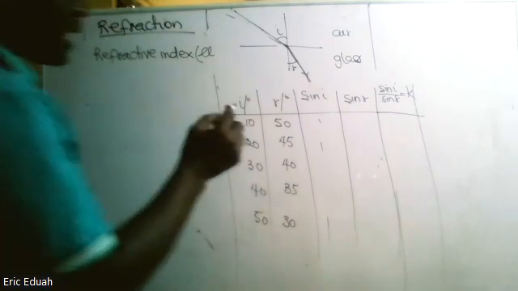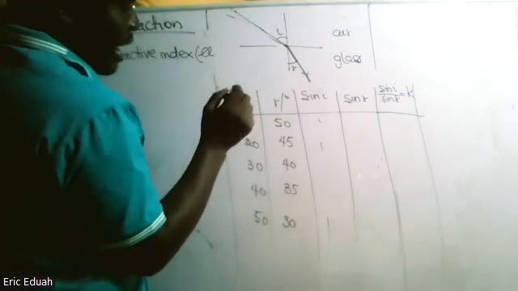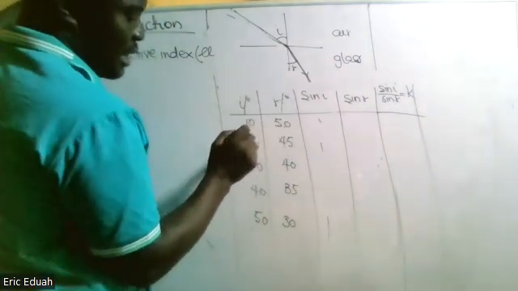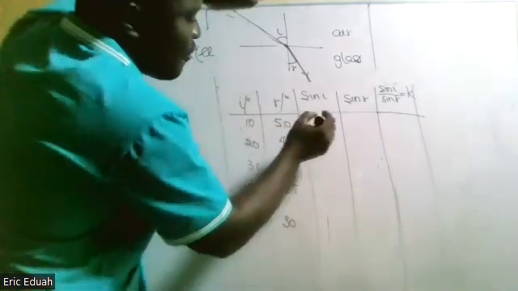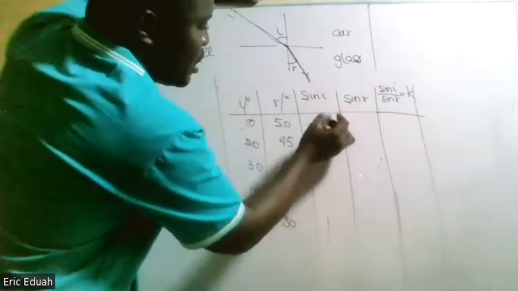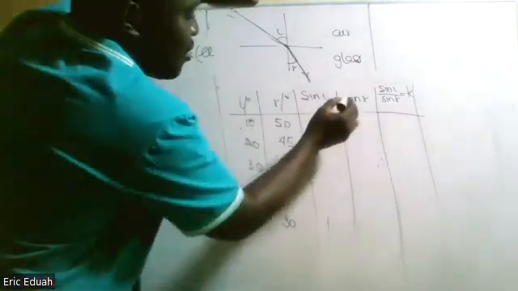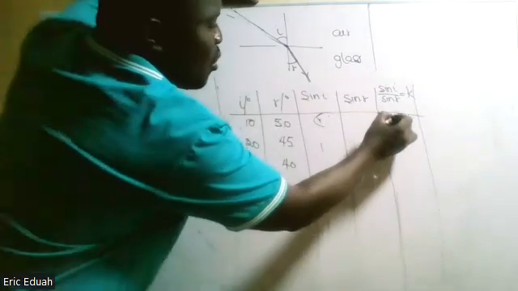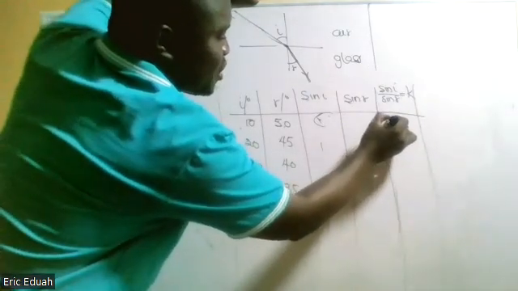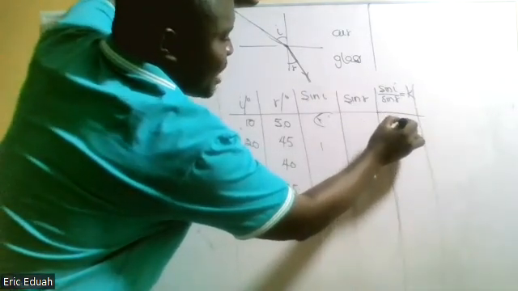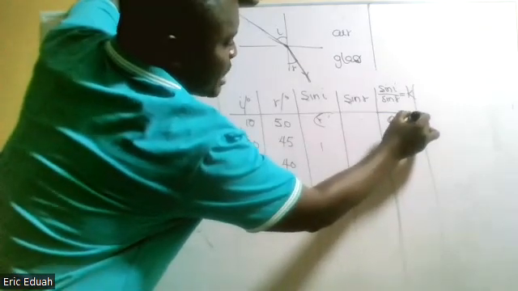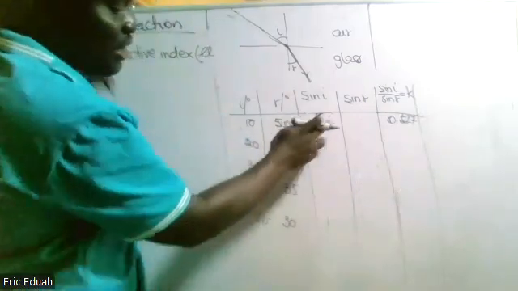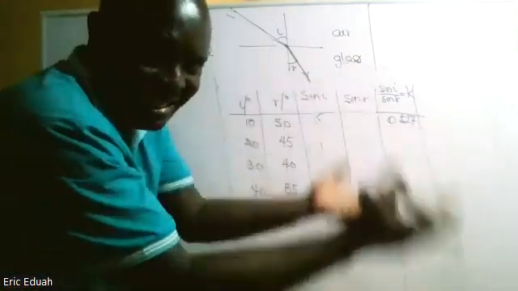Meaning, so long as every I goes with its corresponding R, the ratio of the sine of this one to the sine of that one should give me a certain value, for example 0.52 something.